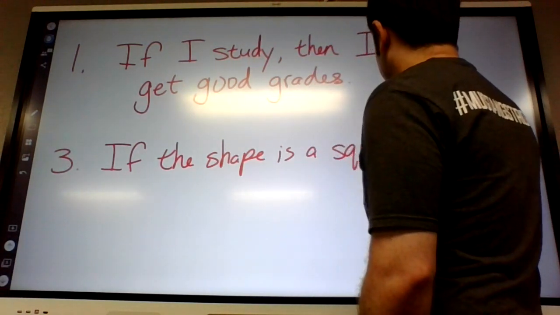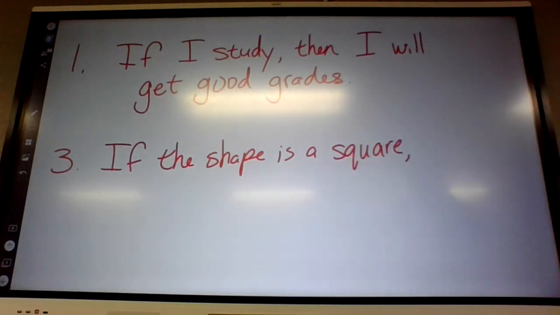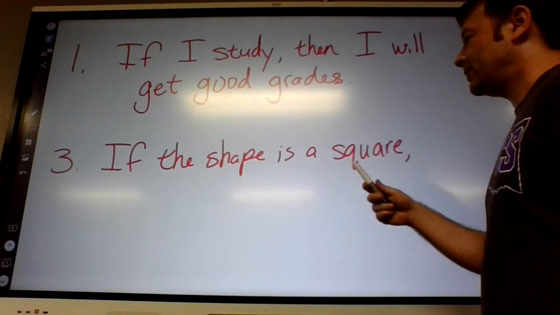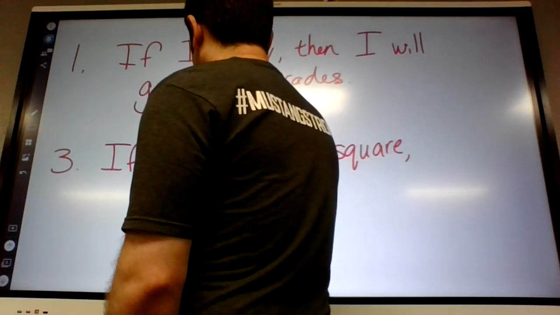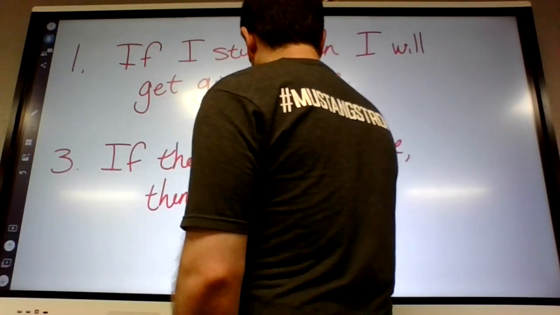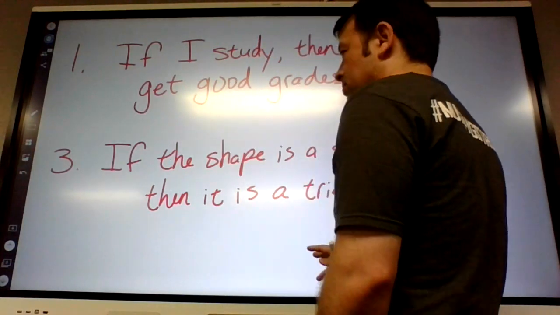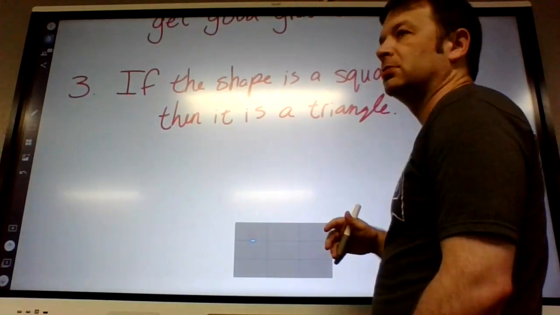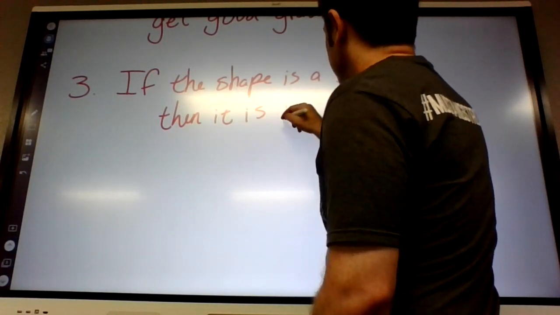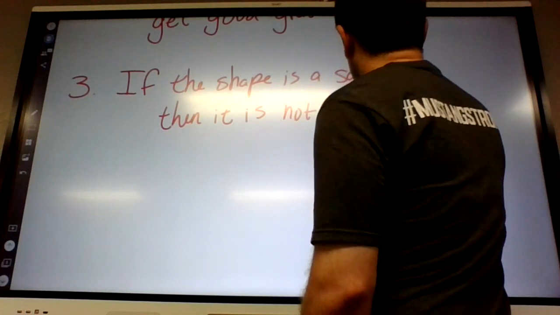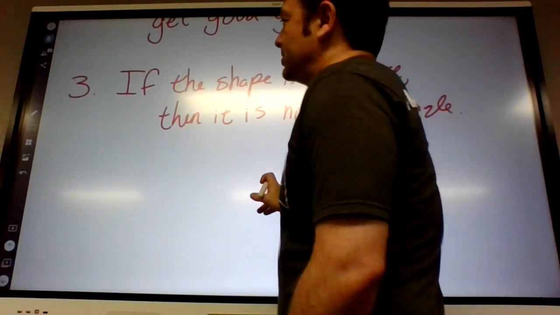I wouldn't count it wrong, but it's a little bit vague, I guess. If the shape is a square, then it is a triangle. It is not a triangle. Not a triangle. Oh, whoops, not a triangle, my bad. You're just seeing if we're paying attention.